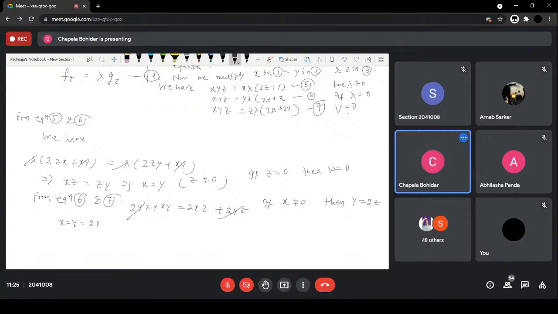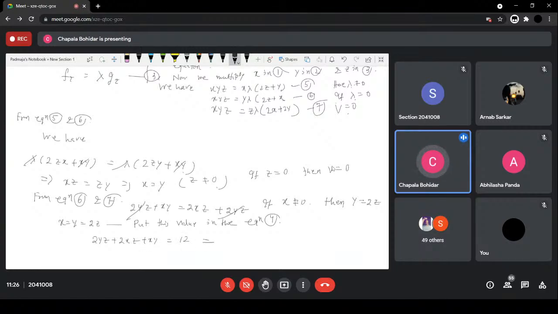Put this value in equation 4, which is our given constraint: 2yz plus 2xz plus xy is equal to 12.